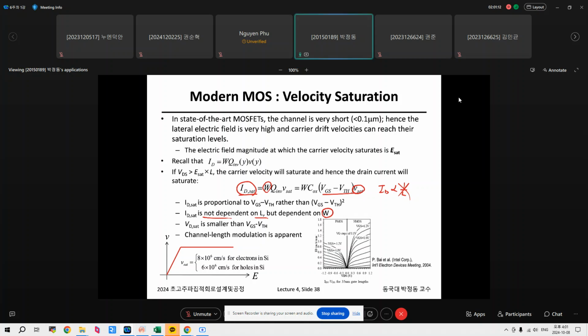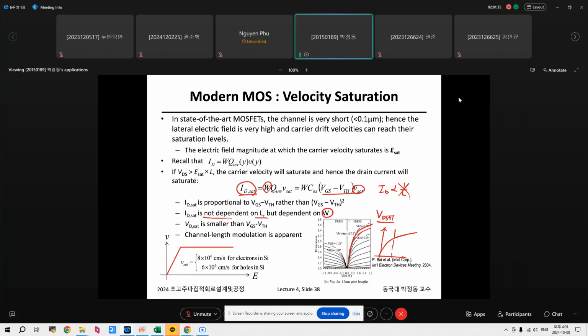Also, VD set saturation is very arbitrary, because if you take a look at this, where is the saturated region? It's changing smoothly. Which one is VD set? Okay, you understand what I'm saying?